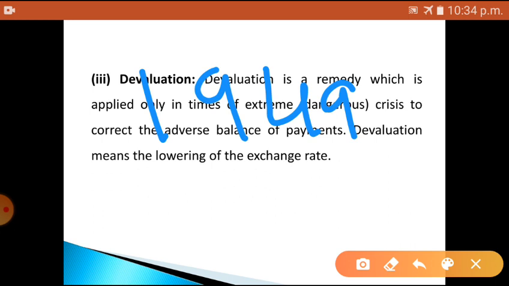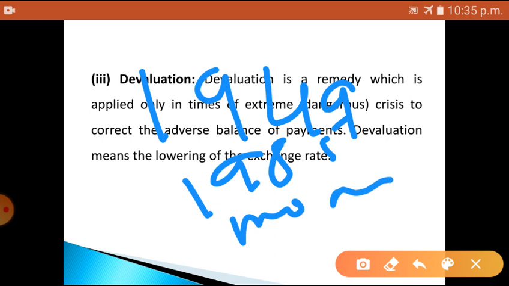In the same way certain countries devalue their currency. Pakistan also devalued its currency for the first time in the year 1955. The advantage of this method is that there is no need to reduce the money wages, and the object is achieved.